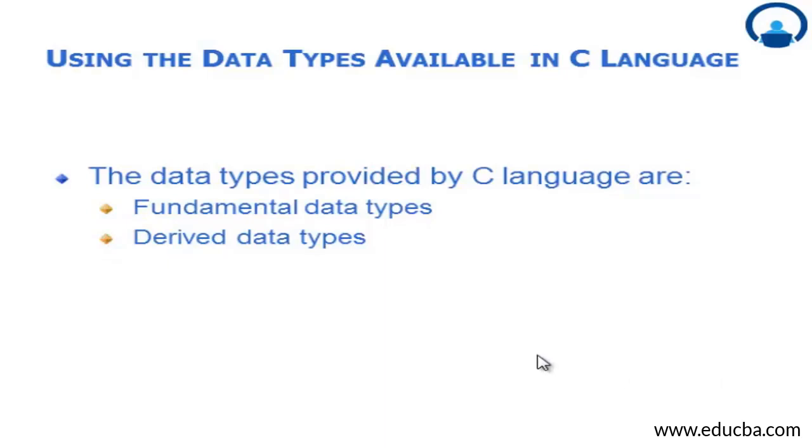They include the data types at the lowest level, that is, those which are used for actual data representations into the memory. All other data types are created from the fundamental data types. For example, you can see the second point, derived data types are created from the fundamental data types.